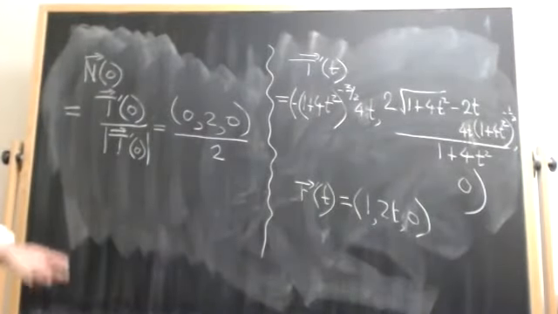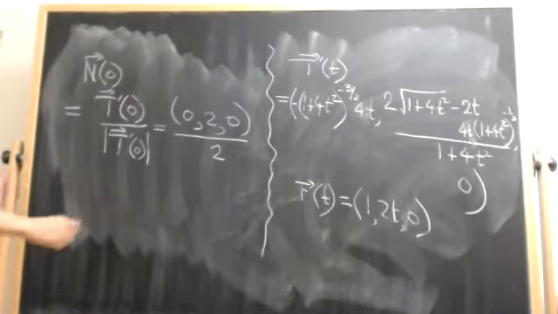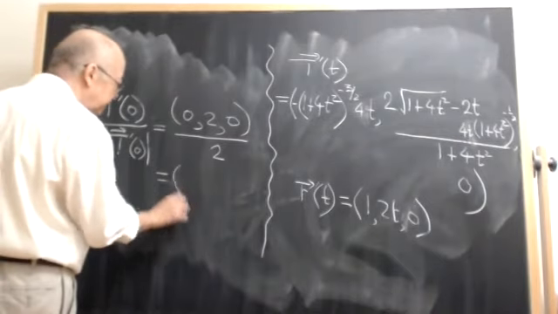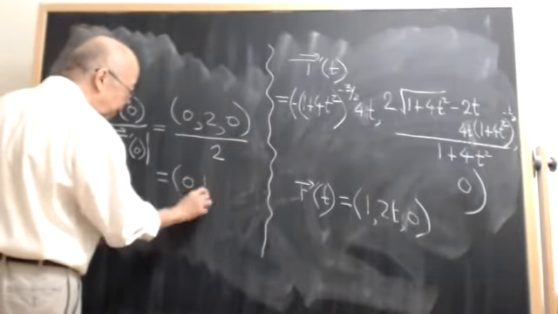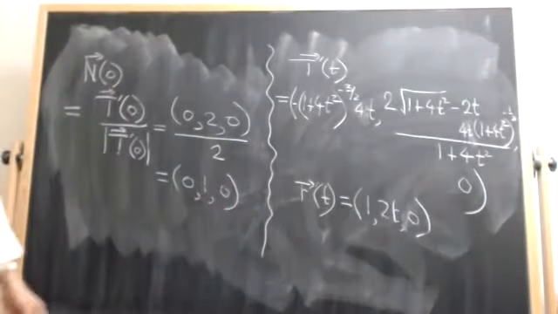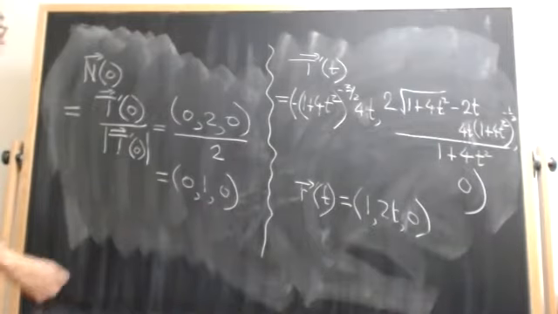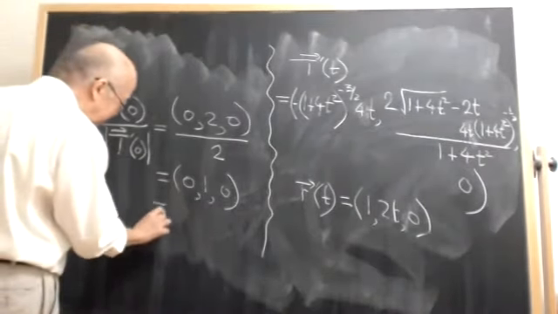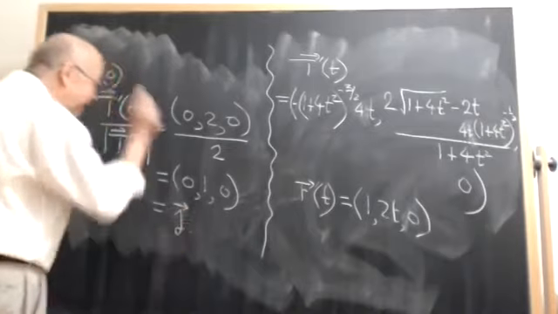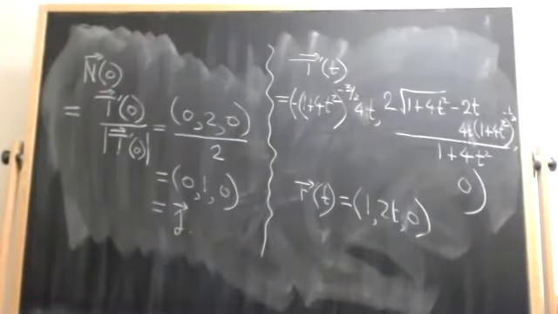So you divide a vector by its length, which is going to be 0, 1, 0. It's a unit vector. It's actually J. Right? Very nice. So this is the unit normal vector. Okay.